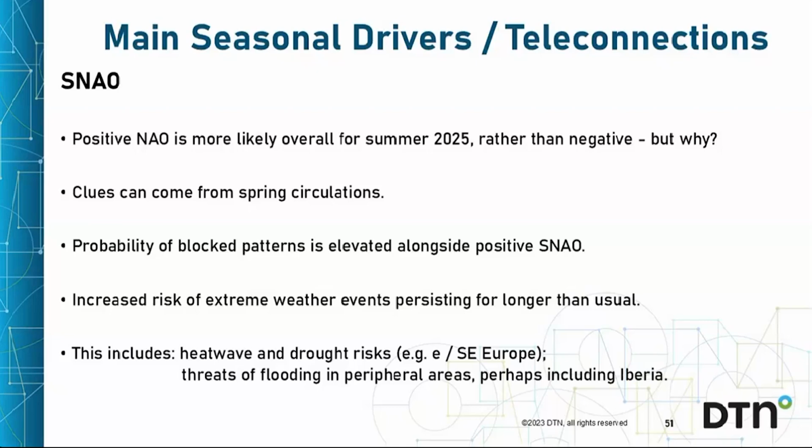The memory of the North Atlantic jet stream could play a role in the coming summer with increased risks of persistent extreme weather, which I just touched on a few minutes ago, such as drought and heat waves in Eastern Europe, for example, but flood risks in peripheral areas, maybe including the Iberian Peninsula, which would be in line with persistent long wave troughing in the Eastern North Atlantic.